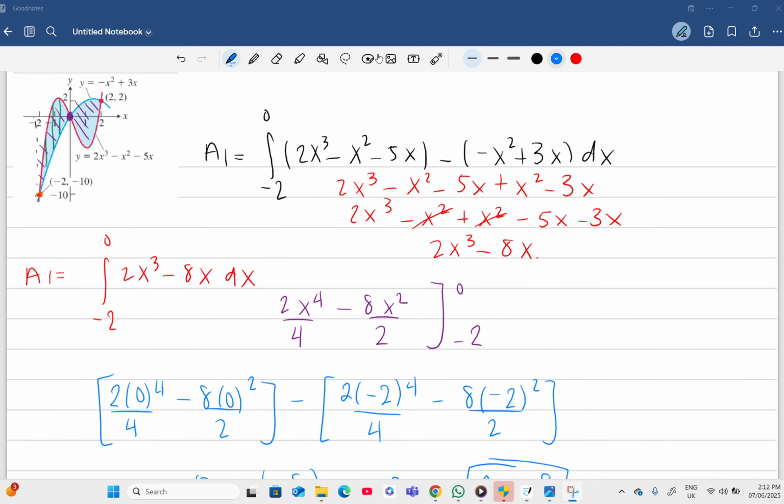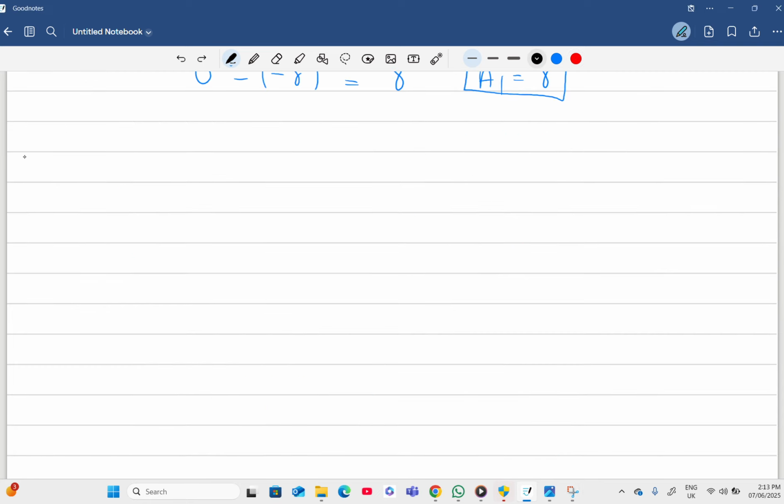Now, if we look at the graph, for my next area, the blue line is on top of the red line. So I'm just going to switch these two, and it's from 0 to 2. So like we said, our second area, A2, is going to be the integral from 0 to 2, the bigger number is always up.